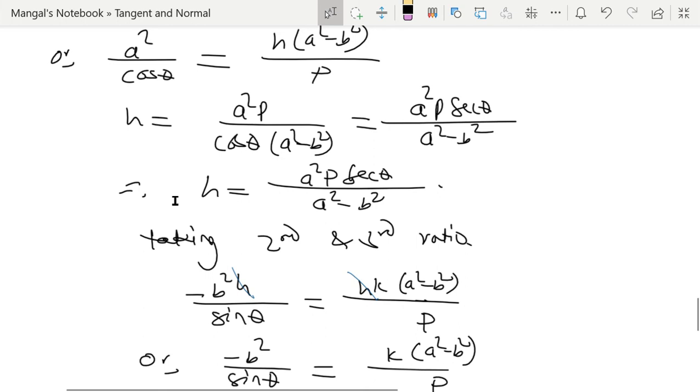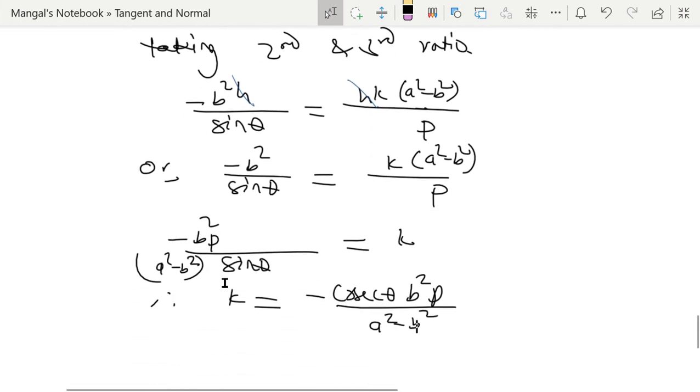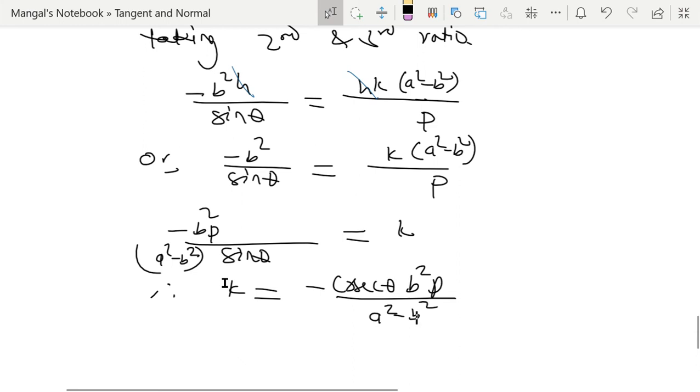Value of h is found: a square p times sec theta by a square minus b square, and value of k is found: minus cosec theta times b square p divided by a square minus b square.